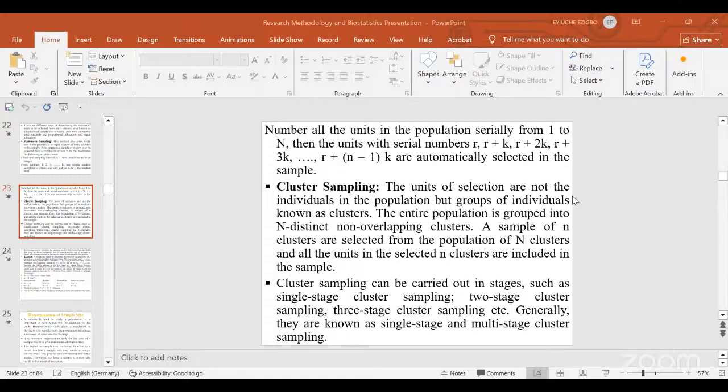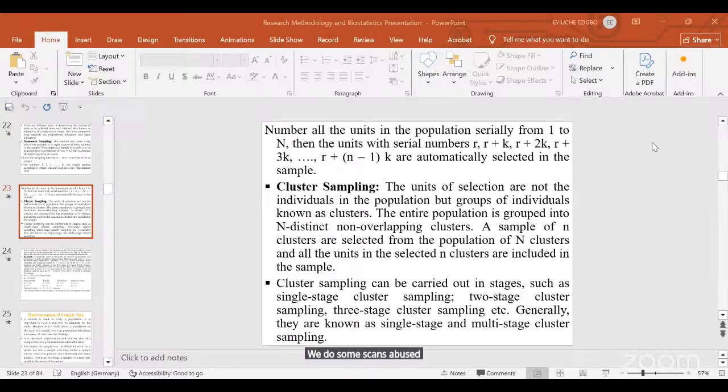You know that people cannot readily say that they are into substance abuse. You understand? And they are studying this group, and you want to have the sample size. You may succeed in getting four persons who are into substance abuse.